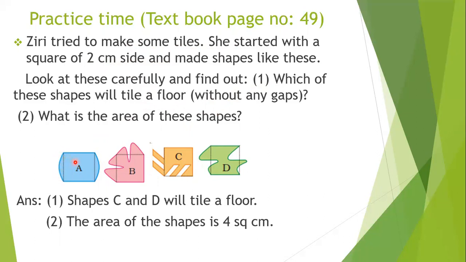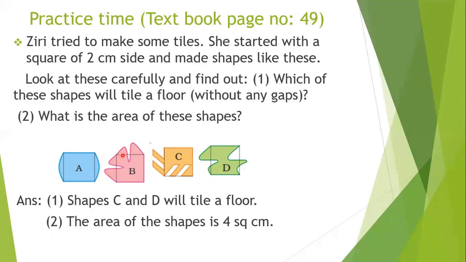And in the second tile, suppose she is keeping another tile of the same type here, then it is going to have some gap in between, right? Because the opposite sides are the same type. So if another tile of the same type is joined with this, it is going to have some gap. So it cannot fill the floor without leaving a gap.